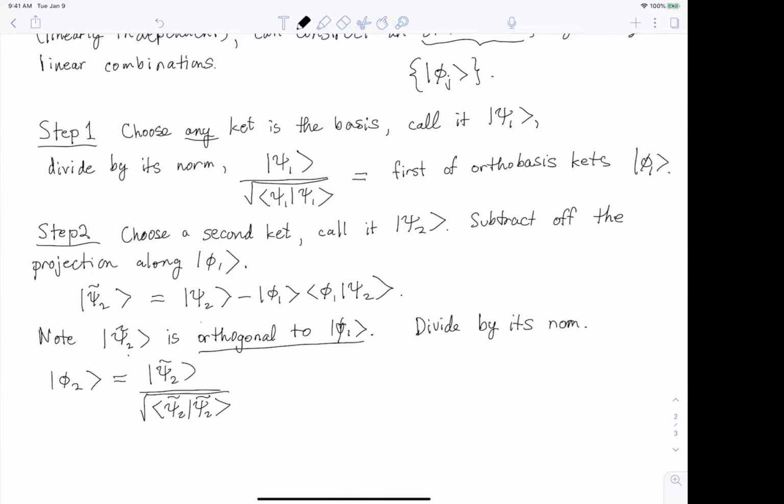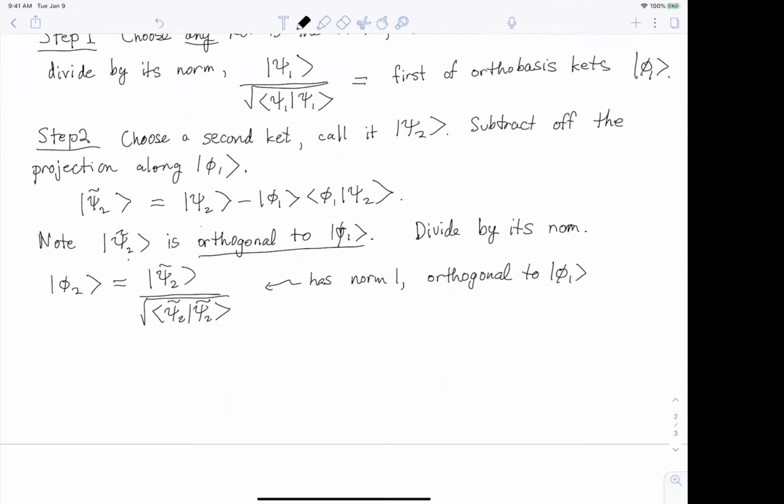Okay, and as I mentioned earlier, that means phi 2 automatically has norm 1. And it's orthogonal to phi 1. And so now I have two vectors that are orthonormal.